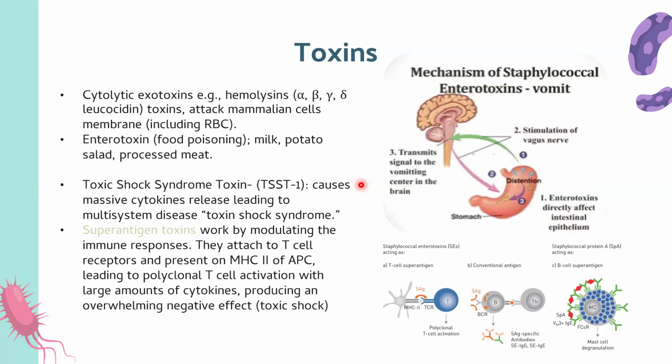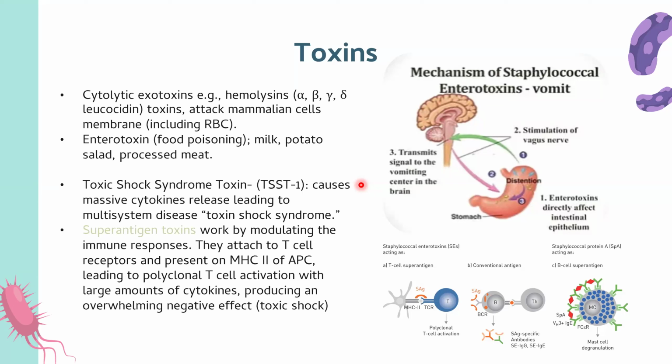The enterotoxins are directly going to affect the intestinal epithelium. They're going to stimulate the vagus nerve, and that is going to cause a vagal reflex where I have this vomiting center in the brain just hyperstimulated. And it's like, get this out of me. Something is wrong here. And this is the enterotoxin that causes food poisoning. And usually you just vomit it out.